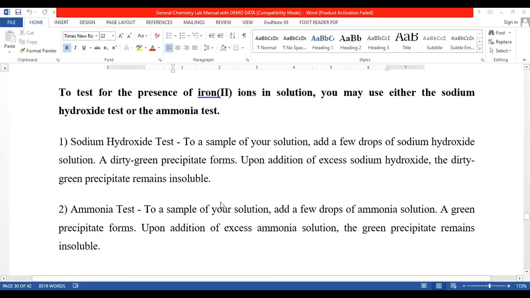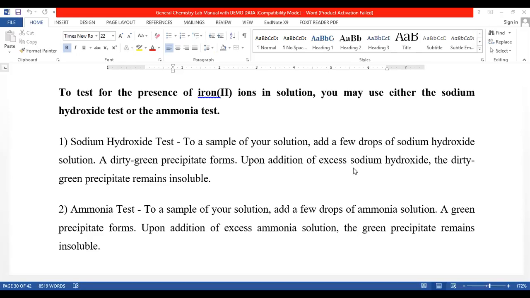On the other hand, we can also conduct this experiment by using the sodium hydroxide test and the ammonia test. Here, if you add sodium hydroxide to the iron 2 containing substance, a green, not clear, a little bit opaque green precipitate will be formed.